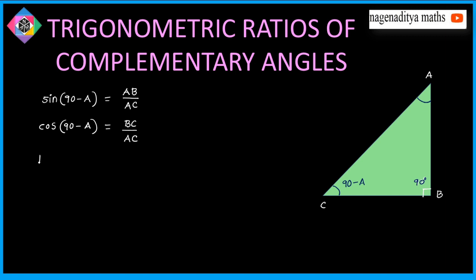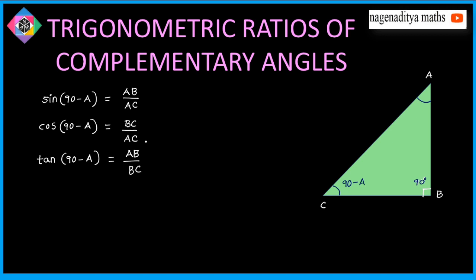Next, tan of 90 minus A is the opposite side by the adjacent side, which is AB by BC. So these are the values of 90 minus A.